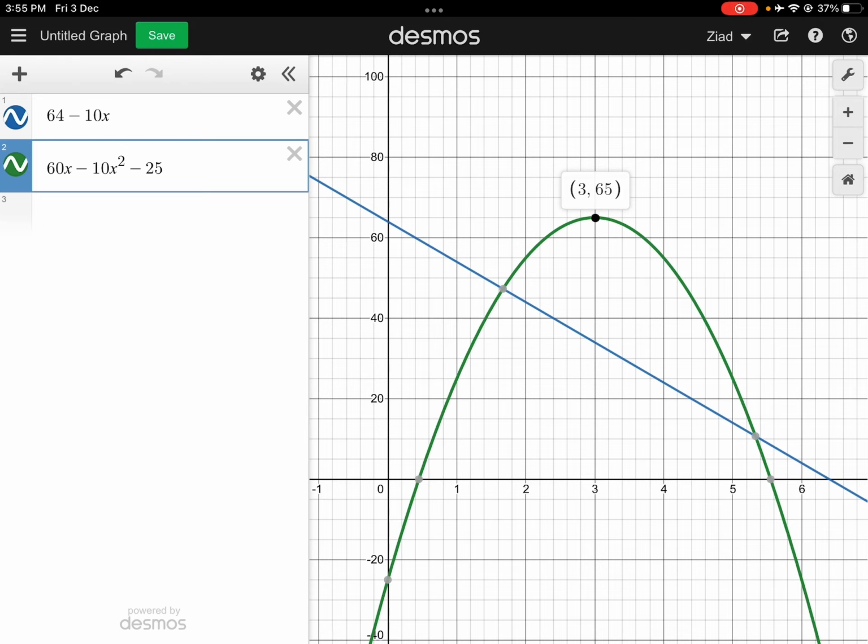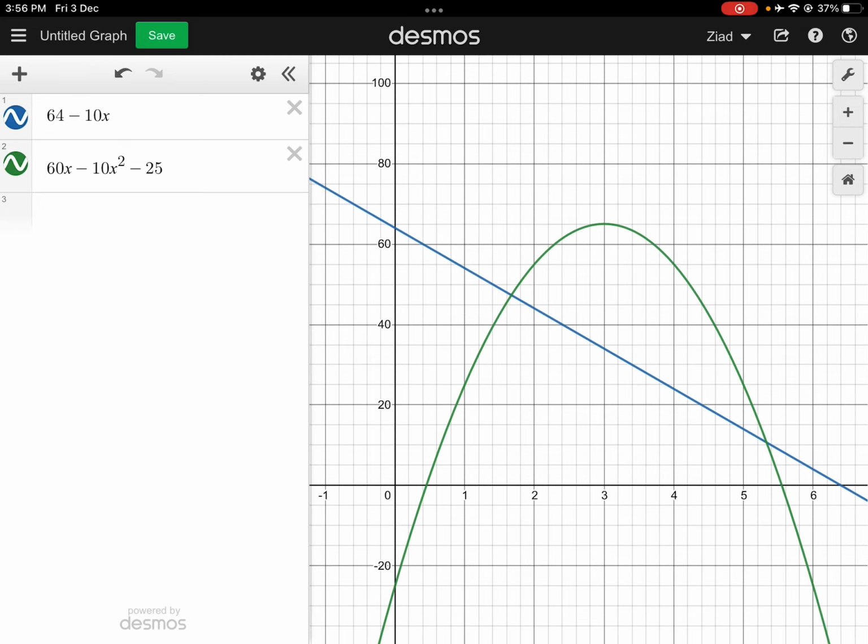And at that x, the profit is 65 dirhams. Yes, but they're asking what is the price when x is 3. Well, when you replace 3, it's in the profit function. But the question that we had was, what should be the price when x is 3?